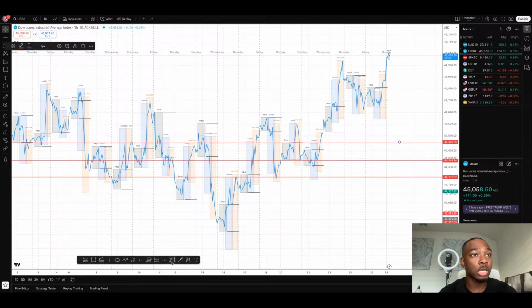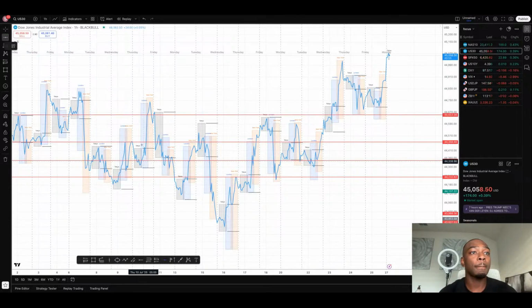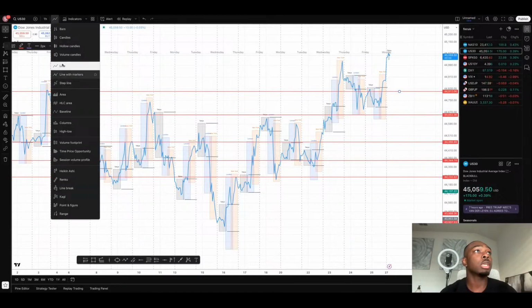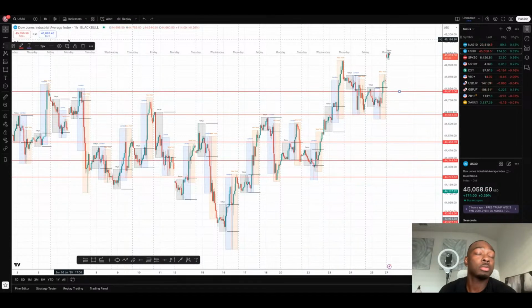All right, so I'm going to do a couple more. Let's do one more. All right, so you can see where price went multiple times, struggled. We can see that, right? Let's go back to the candlestick chart. And on this chart, you see exactly what I mean.